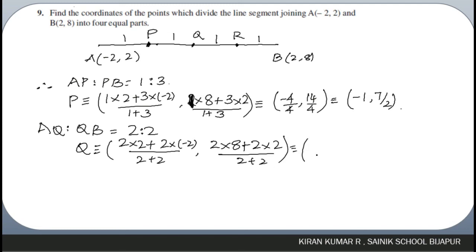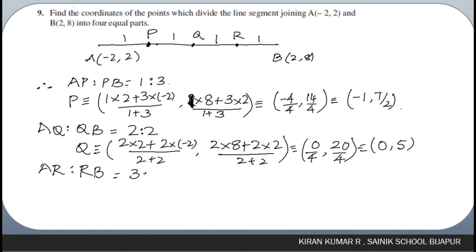So the coordinate will be 0 by 4, comma 20 upon 4, and further simplification we get it as 0, comma 5.